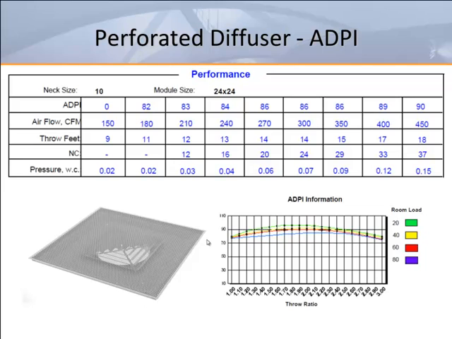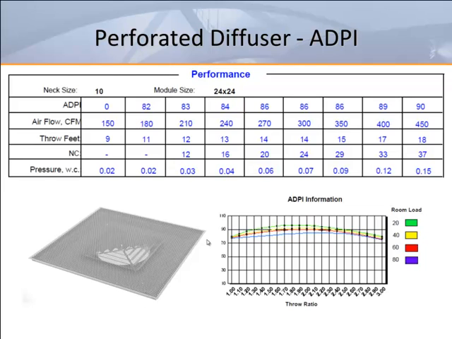For comparison, we will look at the printout for a cross-flow perforated diffuser. The data shows that at 400 CFM, the ADPI is still 90, meaning that the maximum CFM for ADPI greater than 80 would still be a higher CFM. Note, however, that at 450 CFM, the NC is 37.